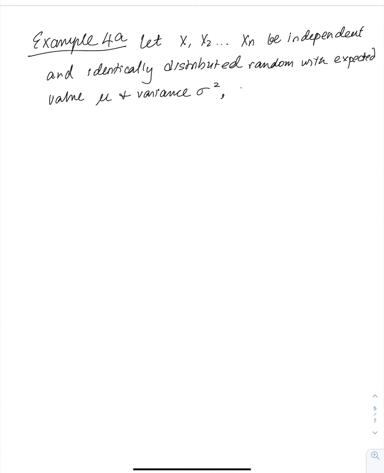And you will let x bar be the summation of xi over n. Okay, so that's called the mean.